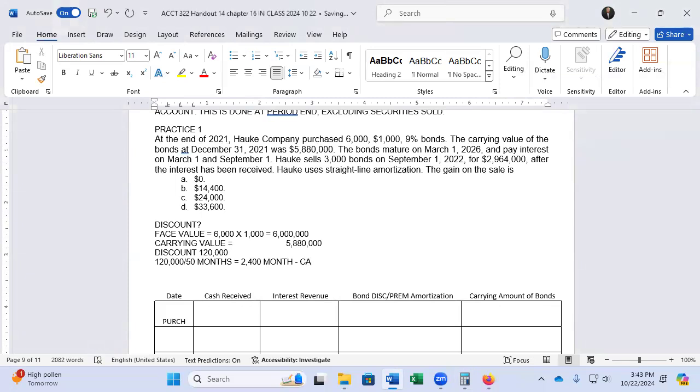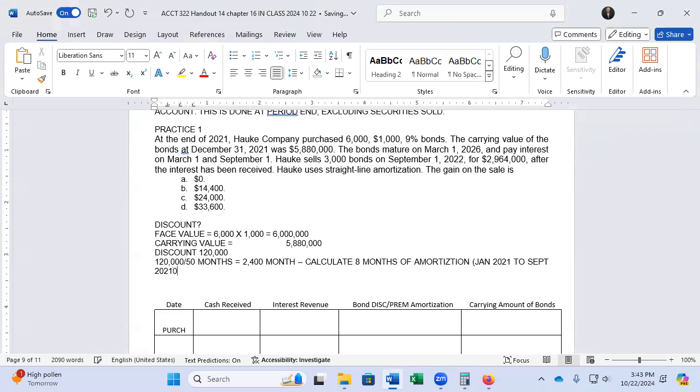And we have to calculate 8 months of the amortization, January 2021 to September 2021. And so accumulated amortization would equal 19,200.